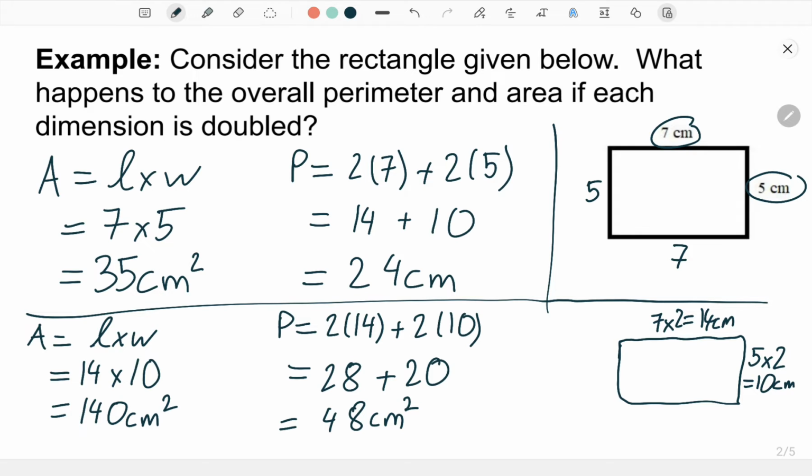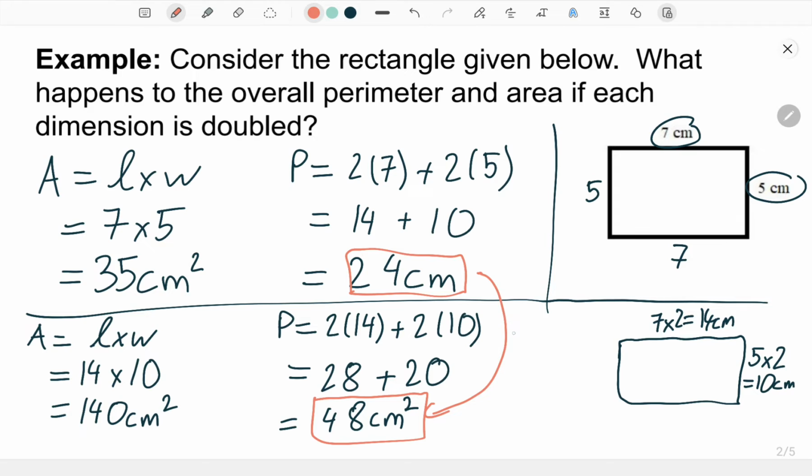Okay, so we want to figure out how much did they change by? But not necessarily the quantity amount. So like you could say, oh, the perimeter increased by 24 centimeters, but the ratio amount. So how many times larger is this value here? Or how many times larger does it get when you double the dimensions?